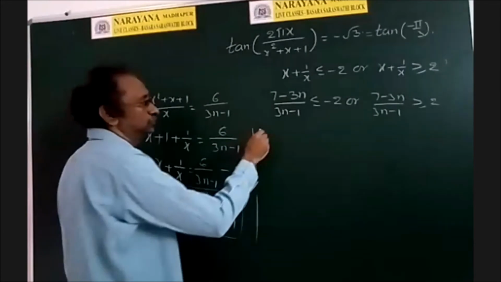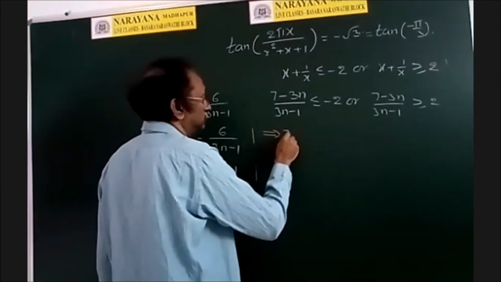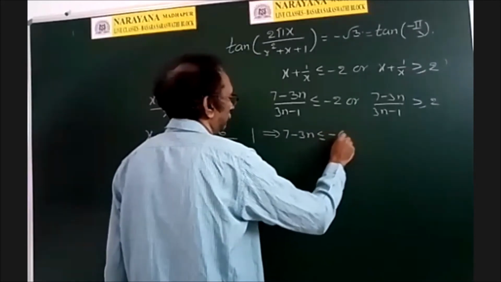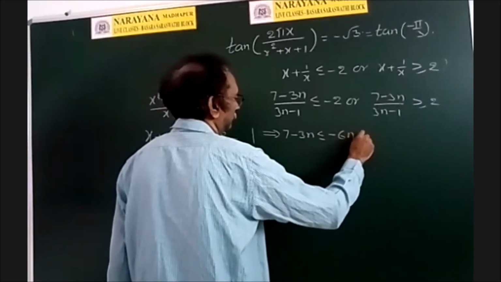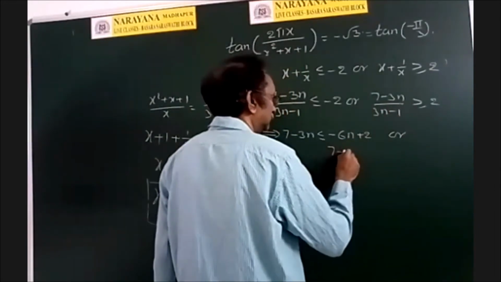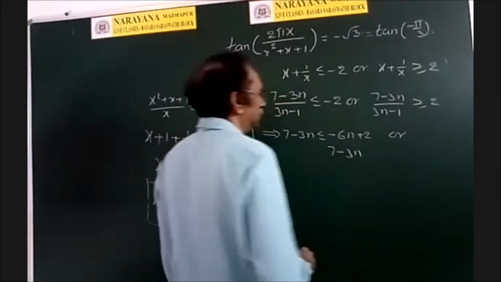Now we have to simplify this. So 7 minus 3n less than or equal to minus 6n plus 2, or 7 minus 3n.